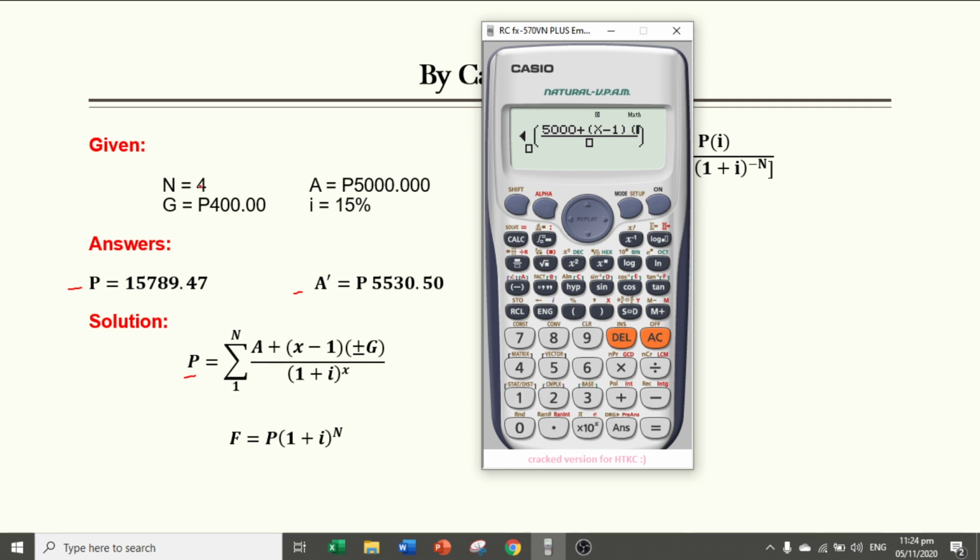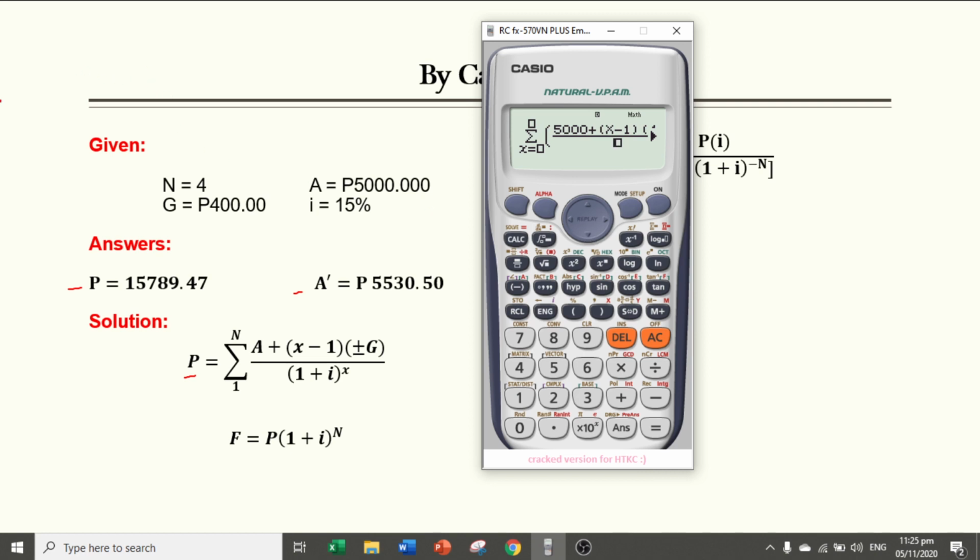So, since yung g natin dito ay increasing, nakita nyo naman sa value kanina, di ba? From 5,000 year 1, then year 2 naging 5,400, year 3 naging 5,800, then year 4 naging 6,200. So, since increasing yan, value ng g natin ay dapat positive. So, dapat 400 yan. Okay?